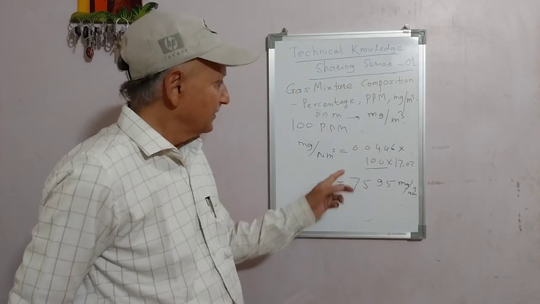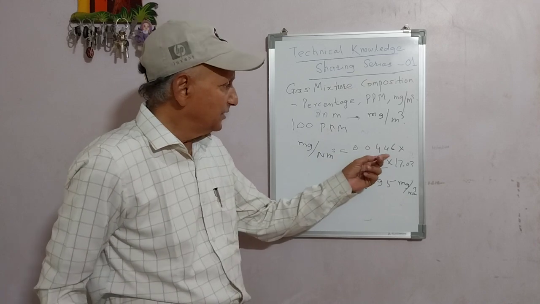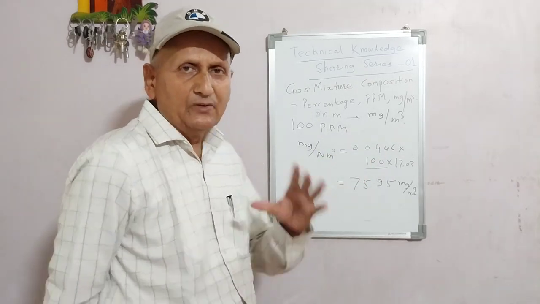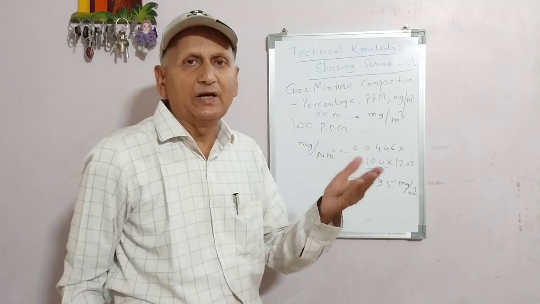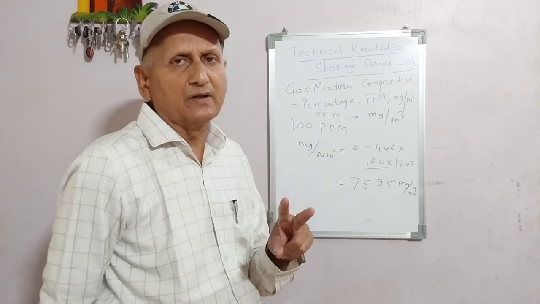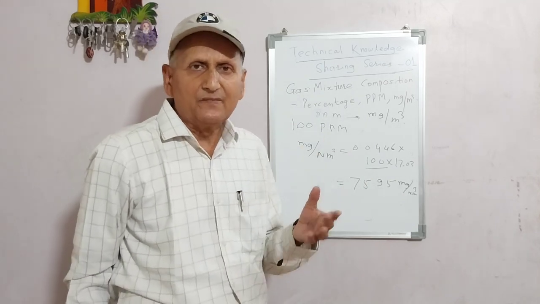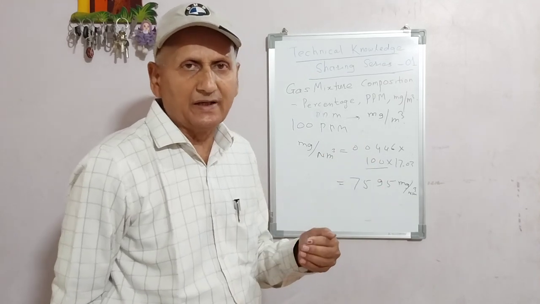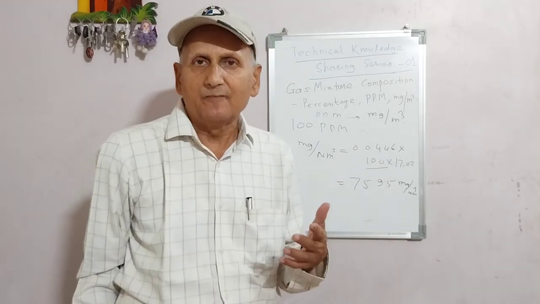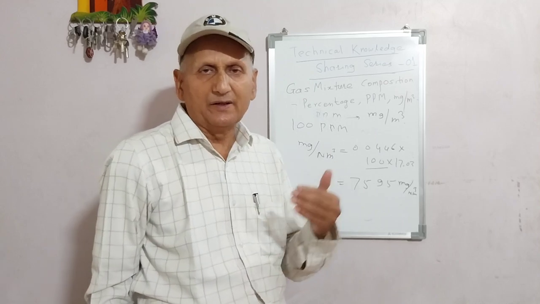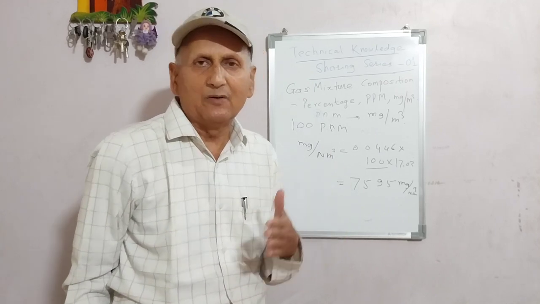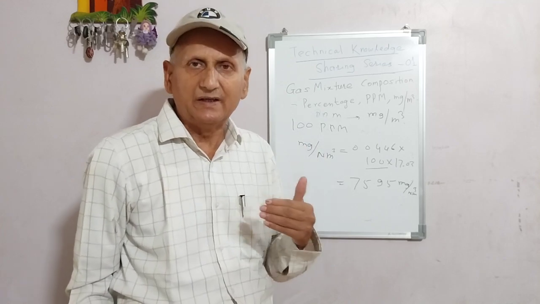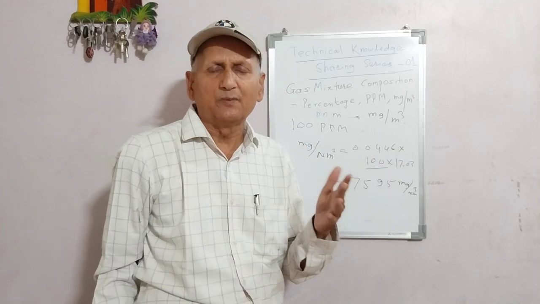You can see here that this factor depends on the universal gas constant, and the universal gas constant is referred to NTP condition. There are two conditions. One is NTP condition, that is 1.033 kg per centimeter square absolute at 0 degree centigrade. Second is STP condition, that means standard condition, that is 1.033 kg per centimeter square absolute and 15.6 degree centigrade. Different countries follow different standards.